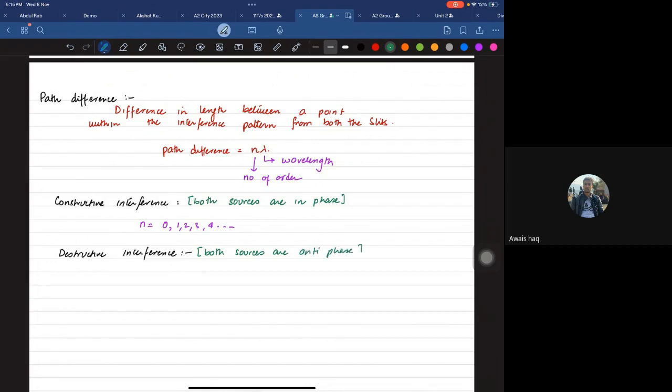They are going to completely destruct each other. So that would mean that you have to take n as half-integers: 0.5, 1.5, 2.5, and so on, like that.